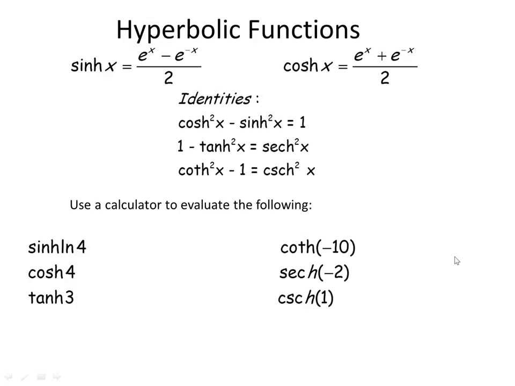Just understand the terminology. Again, hyperbolic sine will be sinh, hyperbolic cosine will be cosh, hyperbolic tangent will be tanh, hyperbolic cotangent will be coth, hyperbolic secant will be sech, and hyperbolic cosecant will be csch.